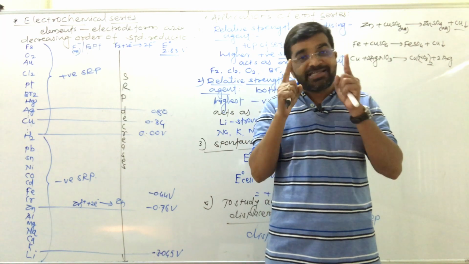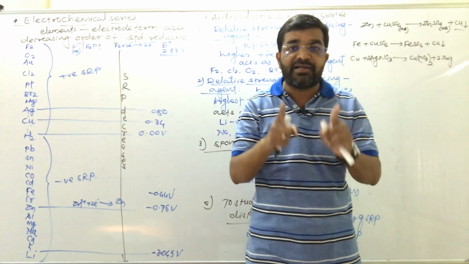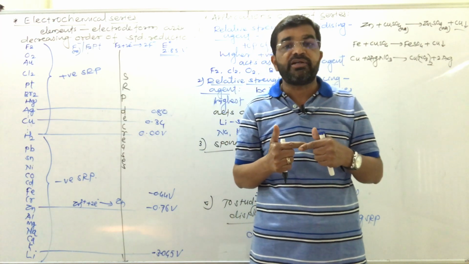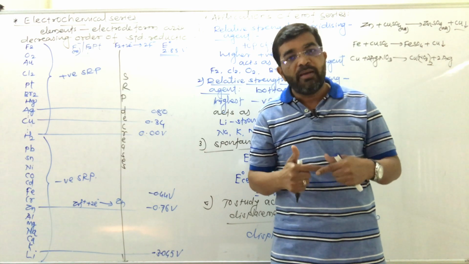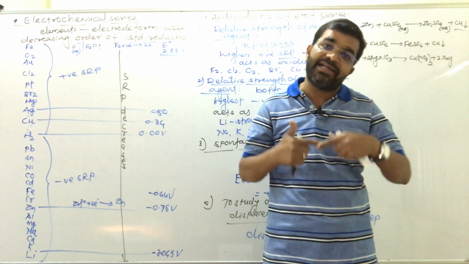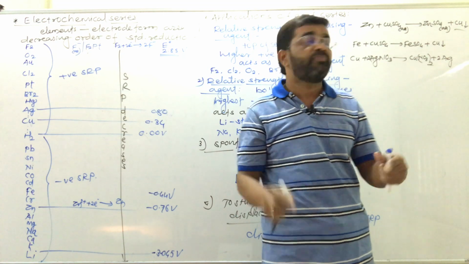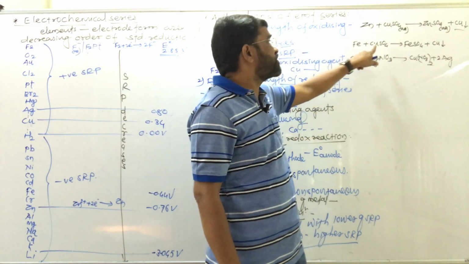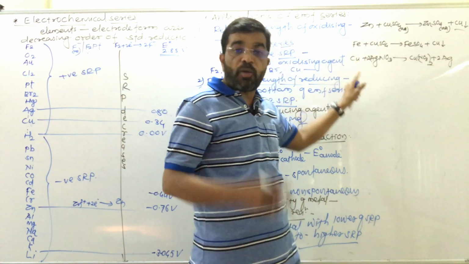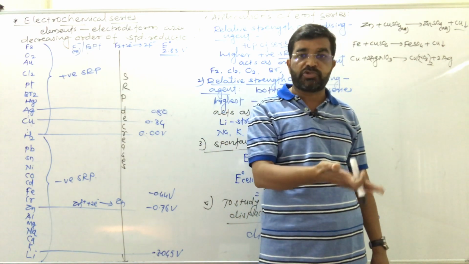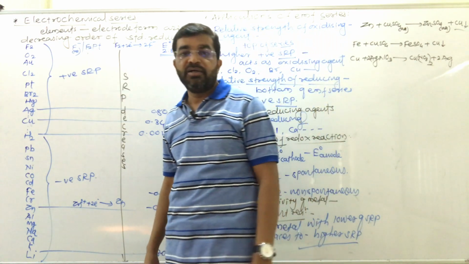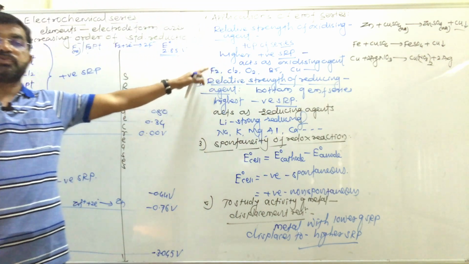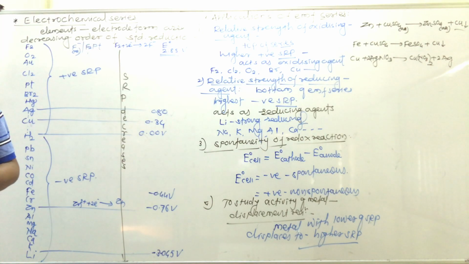That is, a metal with a lower standard reduction potential can displace metals with a higher standard reduction potential from solution. So zinc displaces copper from copper sulfate solution, iron displaces copper from copper sulfate solution, copper displaces silver from silver nitrate solution, and the solution becomes blue. These are the applications of the EMF series.